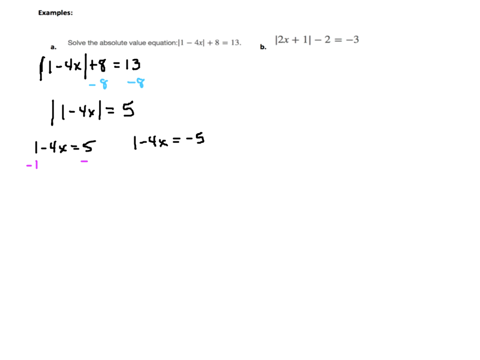So I just solve these simple linear equations here. Subtract 1 from both sides. I'm also going to subtract 1 from both sides here.